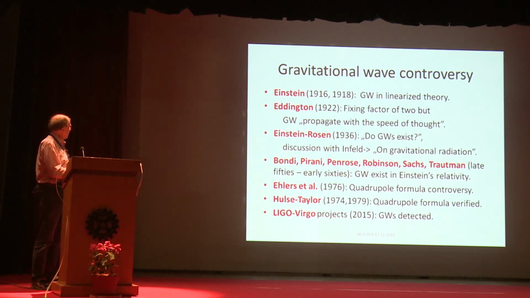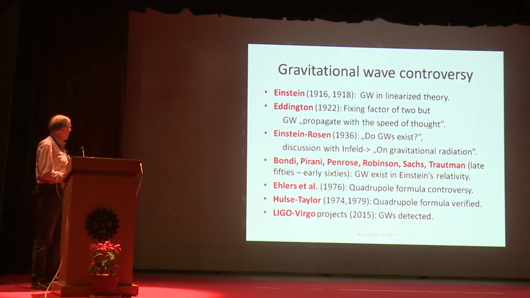But still, in that paper where he derived the quadrupole formula, that the quadrupole is dominant, there was still a factor of 2, which was eventually fixed by Eddington, who also looked at this problem and initially had certain doubts. In one of his works one can see the statement that gravitational waves propagate at the speed of thought, but really he convinced himself that there are two independent physical degrees of freedom, and that gravitational waves are a reality.